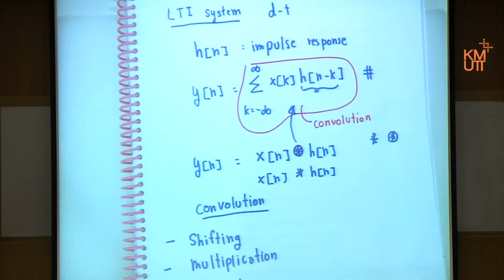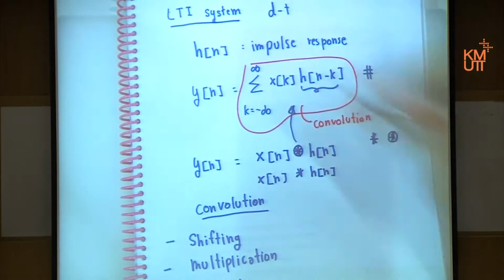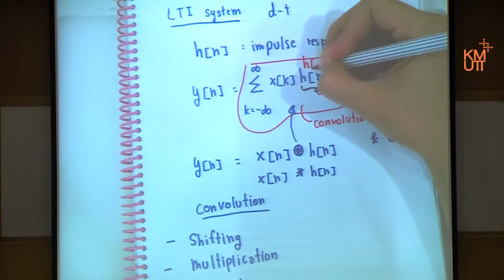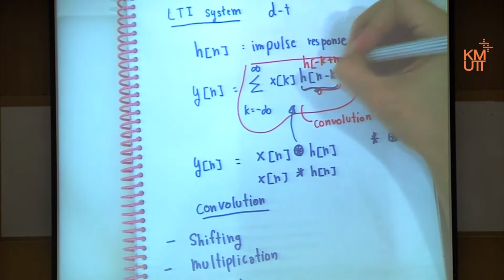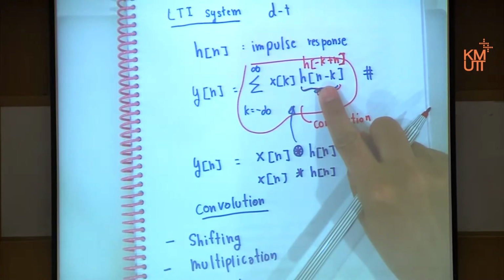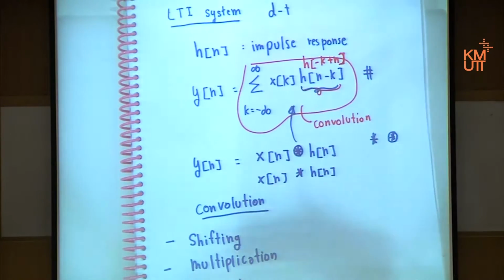So now you need to change your mind: not n but k must be the independent variable, and n is a constant value.